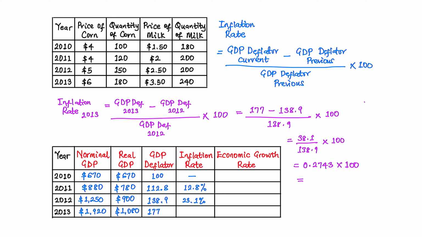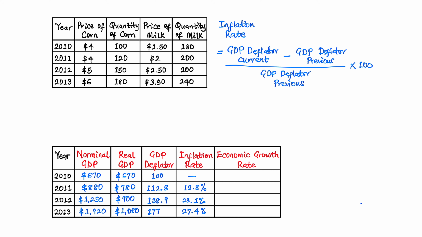So we have 27.43%. Or we can just simplify and say 27.4%. And this completes the calculation of the inflation rate.